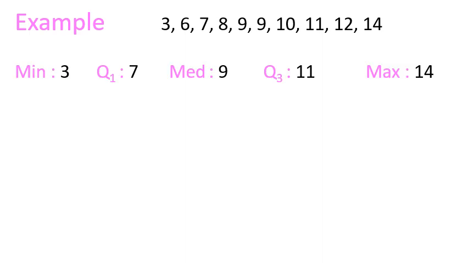This is our data. And for the purpose of this question, I've already worked out the 5-figure summary. So now we'll find the range. The range is the maximum minus the minimum, so the biggest number minus the smallest, which is 14 minus 3, which gives us a range of 11.